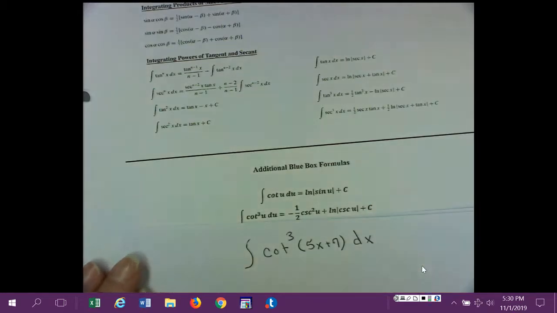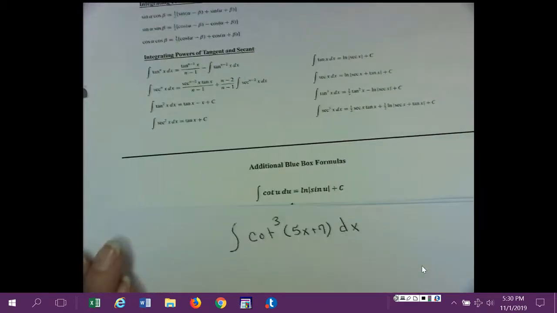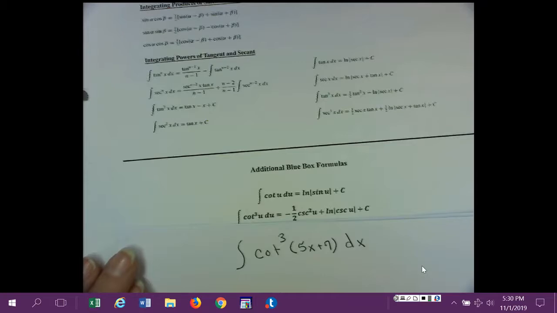And after u substitution, when you change everything over to u, you would be able to use the blue box formula, and then you would go back to x by letting u be 5x plus 7. So your final answer would be in terms of x. You would not have to derive the formula, but after u sub, you would use the formula.